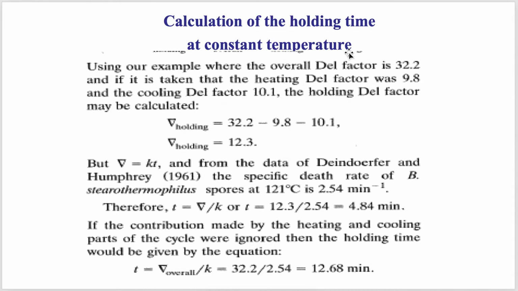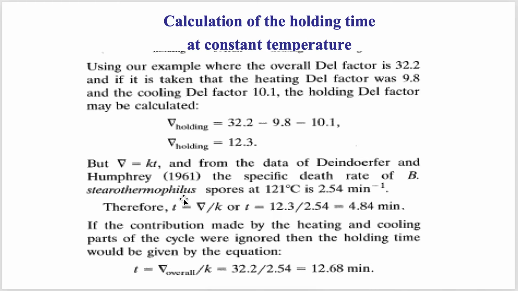So in this example the holding del factor is 12.3. Now from this holding del factor we can calculate the holding time. How? We know that del is equal to kt, and the scientist Mr.